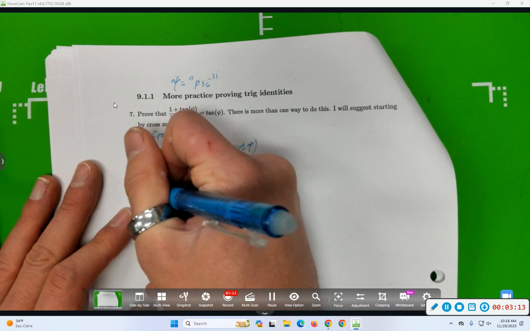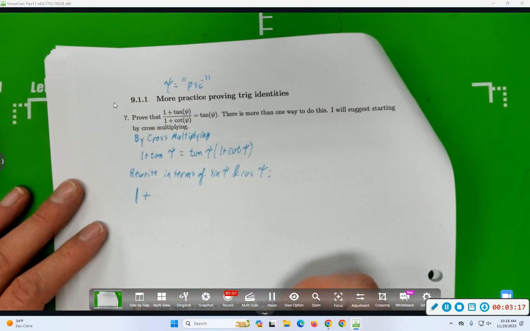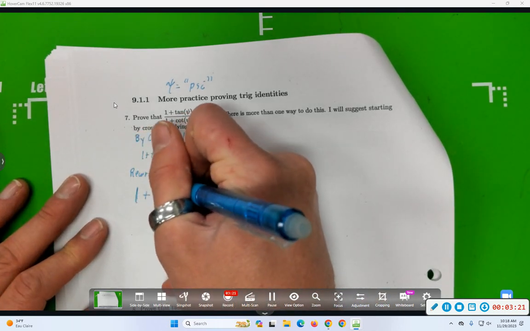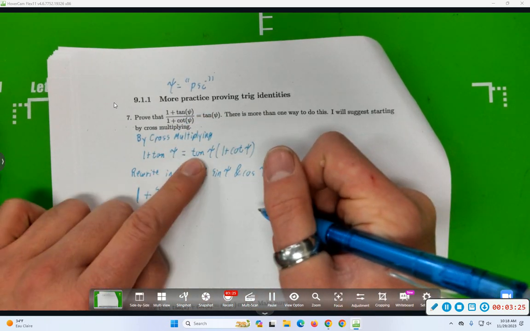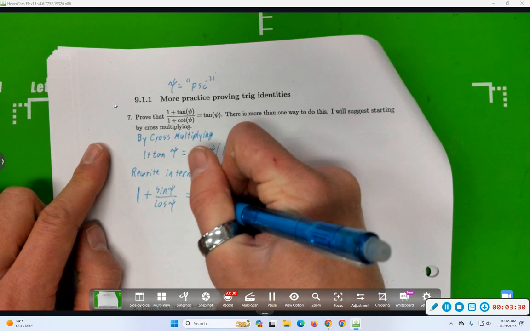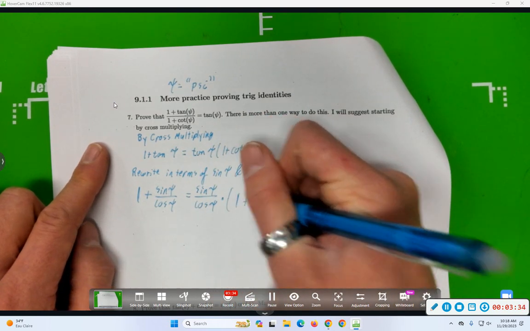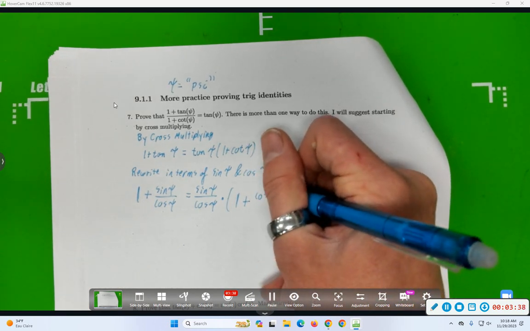That will give me 1 is still 1 plus, what's tangent of psi? Sine over cosine. Tangent again, so that's another sine over cosine. 1 is still 1 plus, what's cotangent? Cosine over sine.